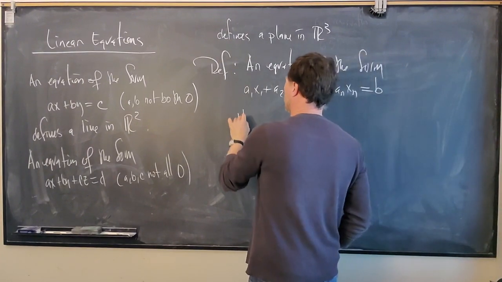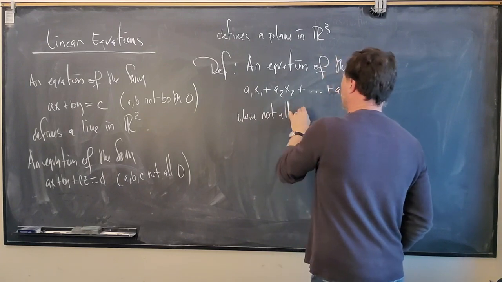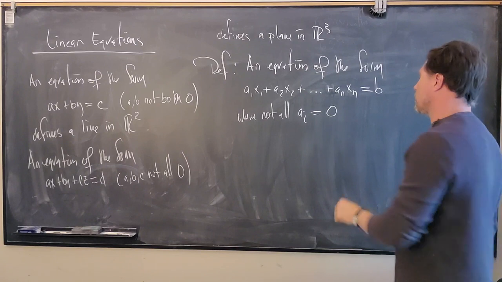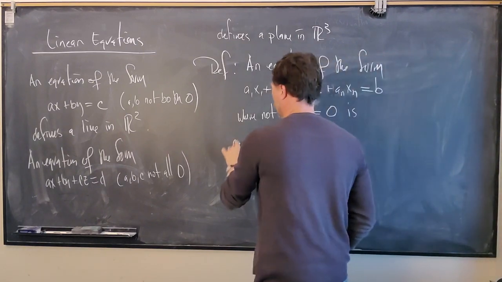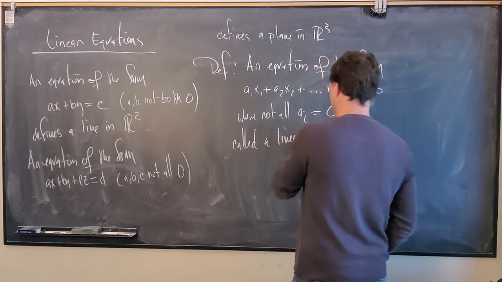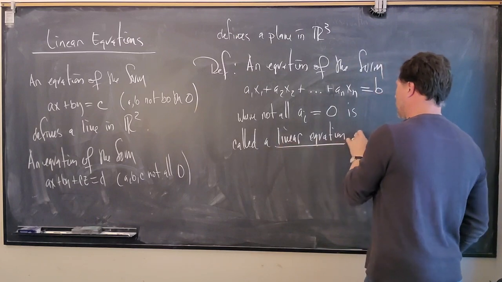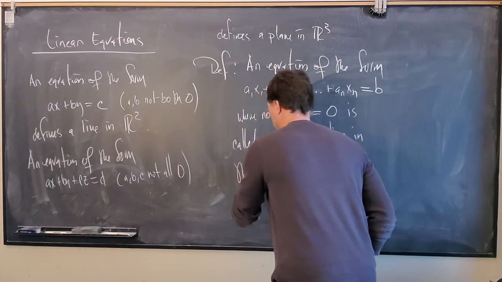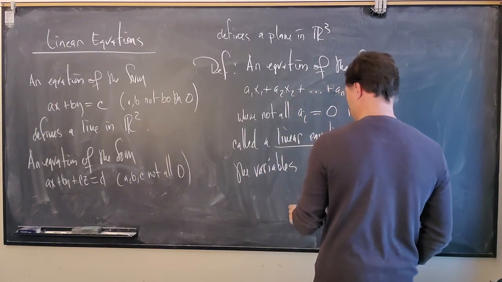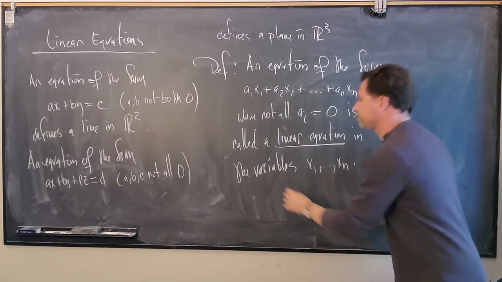So where not all a sub i equal to 0 is called a linear equation in the variables x1 up through x sub n.